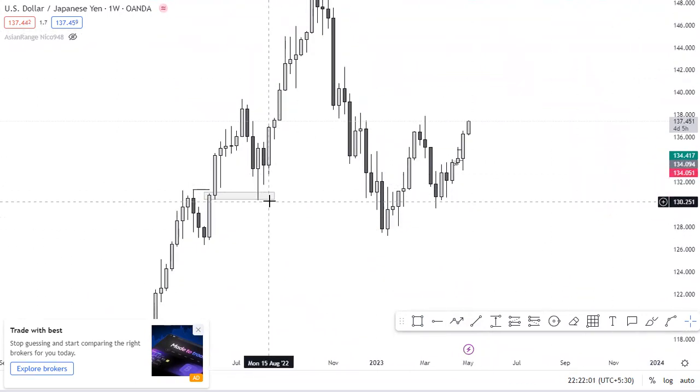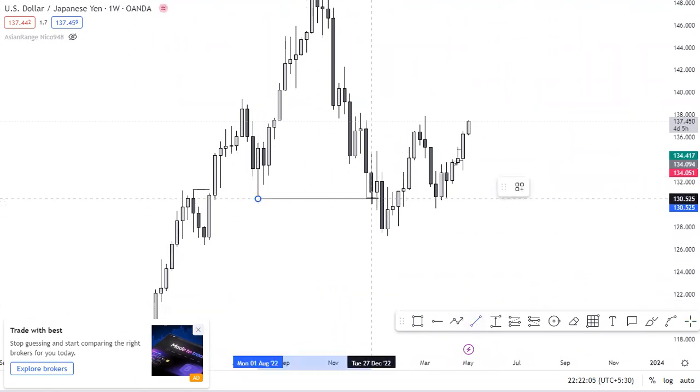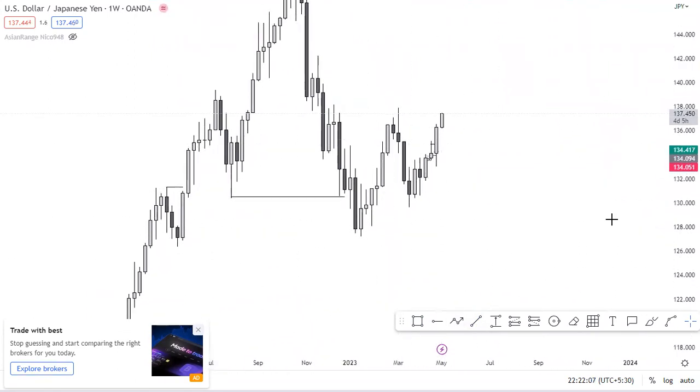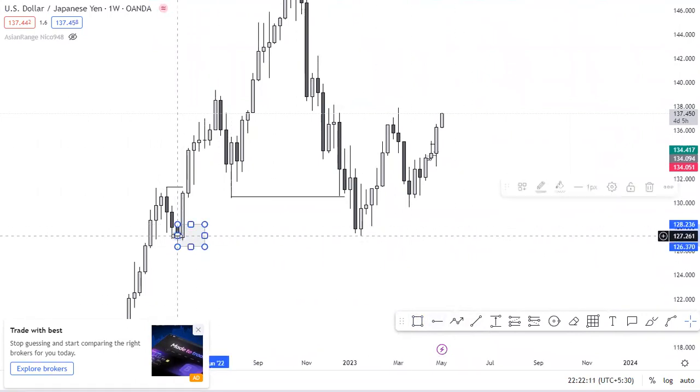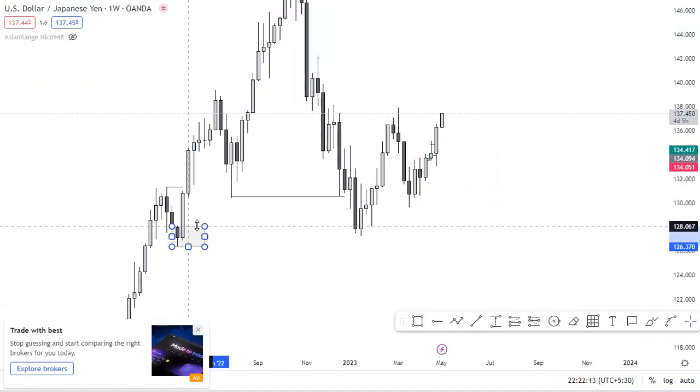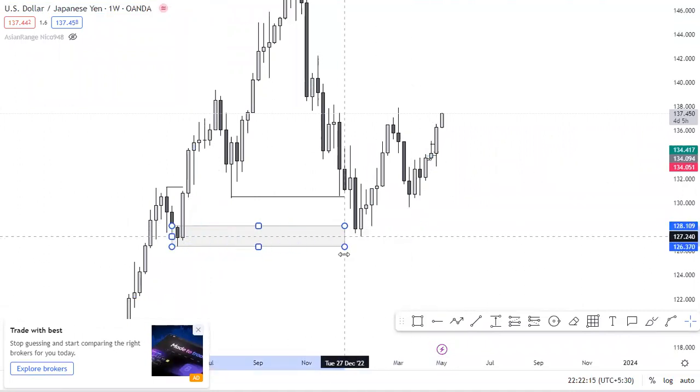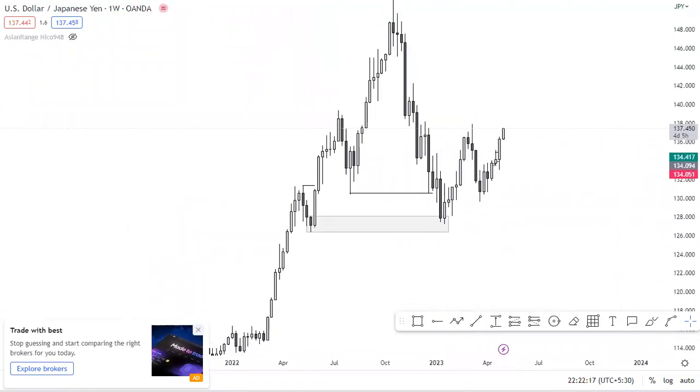Exactly, it gets liquidated. And after collecting inducement, price started reversing. Look at here. What is the entry model here? What type of inducement is playing a role here? Type 1, bro. Exactly, type 1.